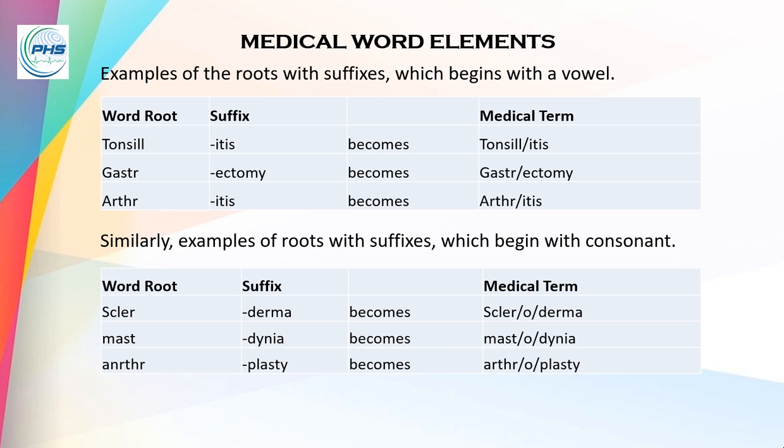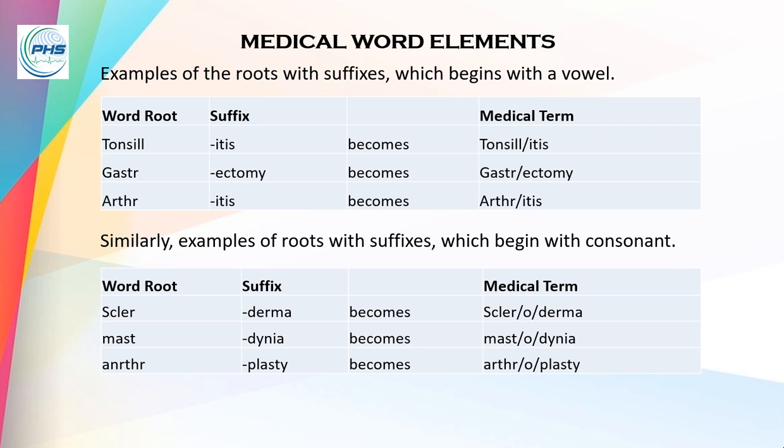In these three examples that we are looking at, if you observe, the suffixes already start with a vowel, which is either I or E in this context. Now, tonsil as a word root and suffix itis becomes tonsillitis. There is no combining form O here because the suffix itis is starting with a vowel already.